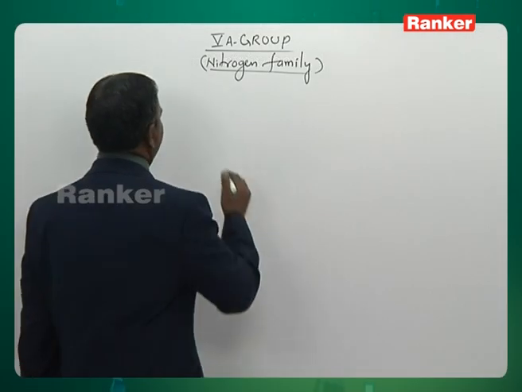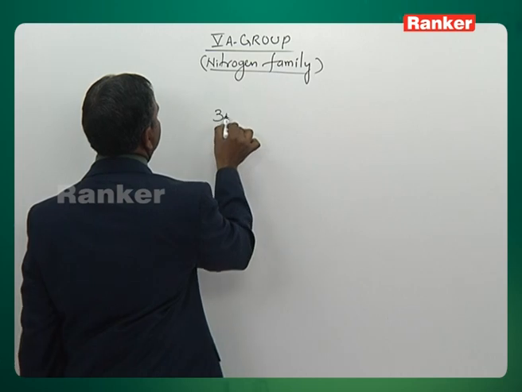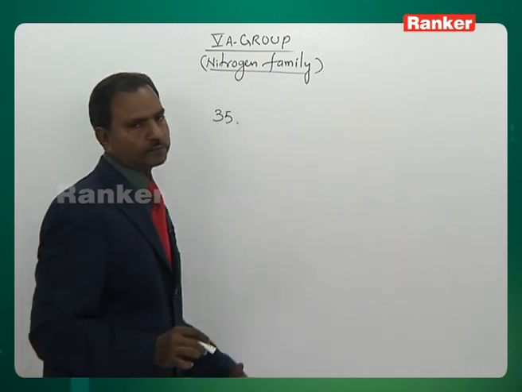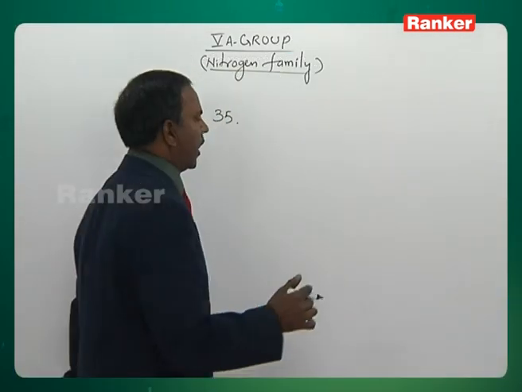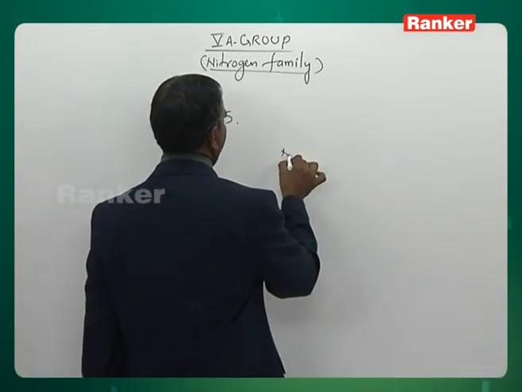Next, question number 35. The essential element of nitrogen fixation is A, zinc, B, copper, C, molybdenum, D, boron. The nitrogen fixation is generally carried out by the enzyme nitrogenase.